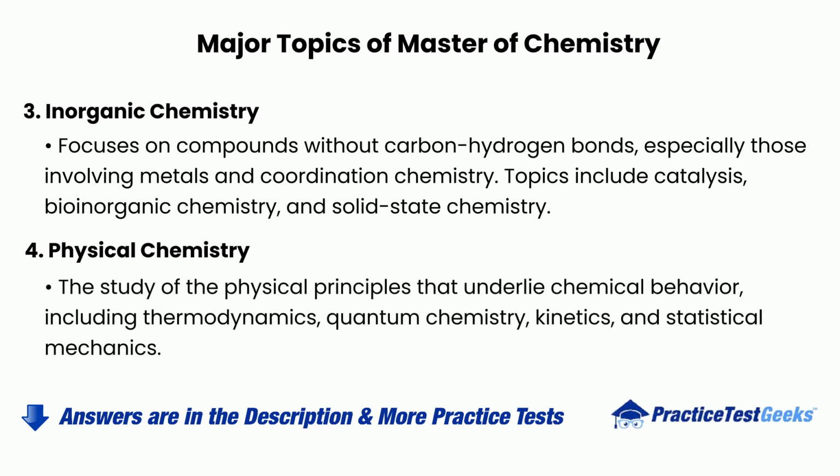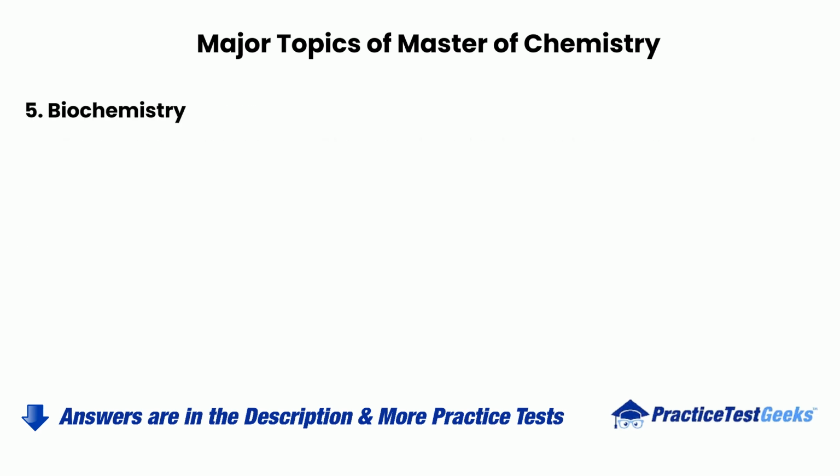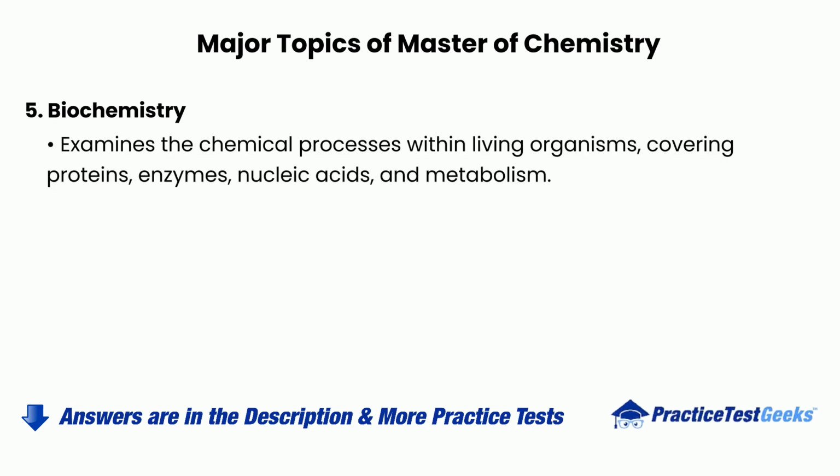The study of the physical principles that underlie chemical behavior, including thermodynamics, quantum chemistry, kinetics, and statistical mechanics. 5. Biochemistry. Examines the chemical processes within living organisms, covering proteins, enzymes, nucleic acids, and metabolism.